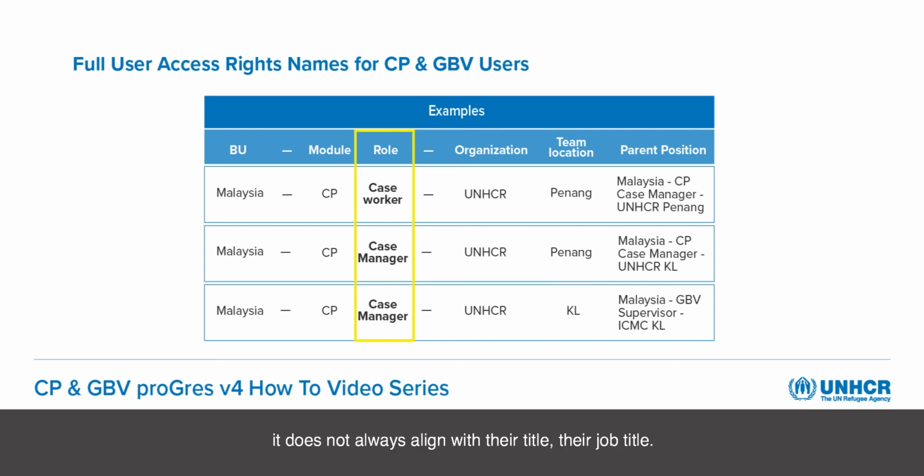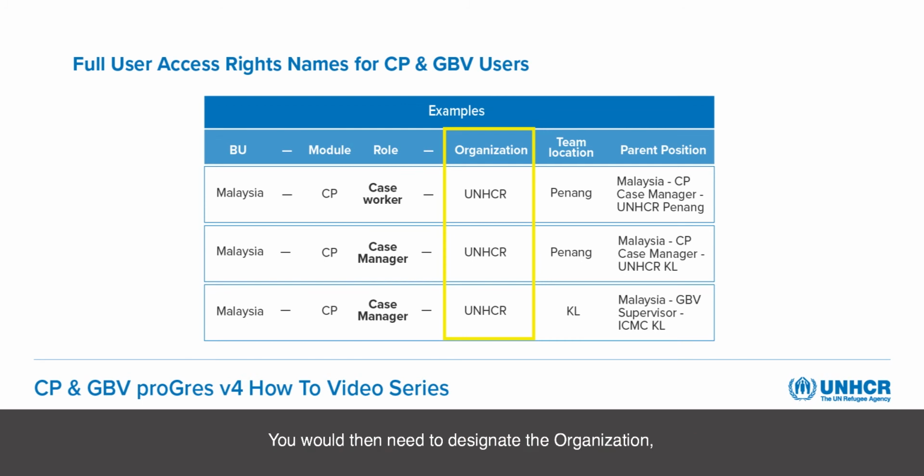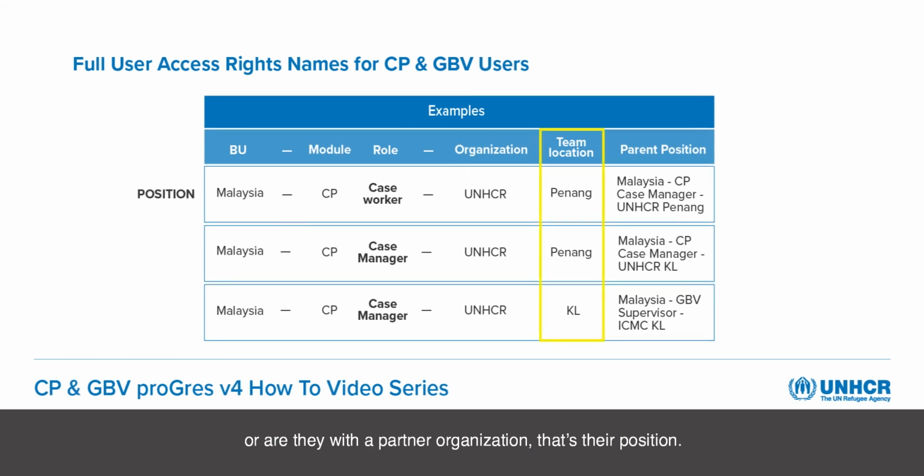It does not always align with their job title. So the role here is going to be a caseworker or a case manager. You would then need to designate the organization. So what organization they sit within. Are they with UNHCR or are they with a partner organization?